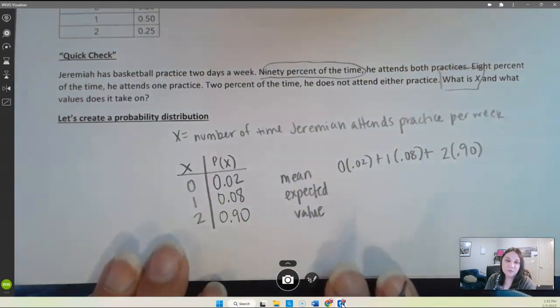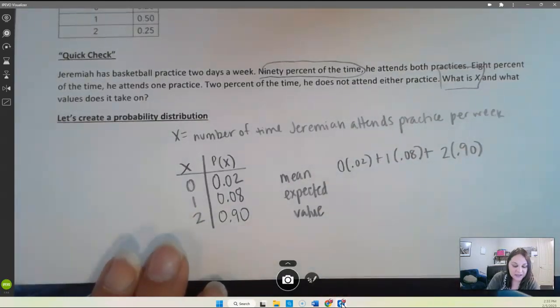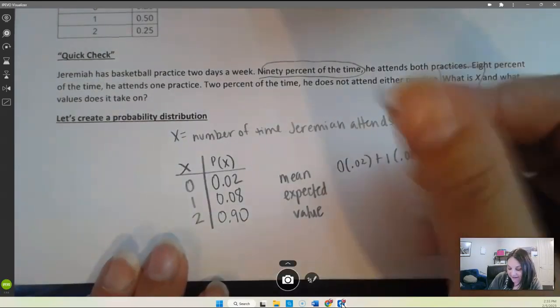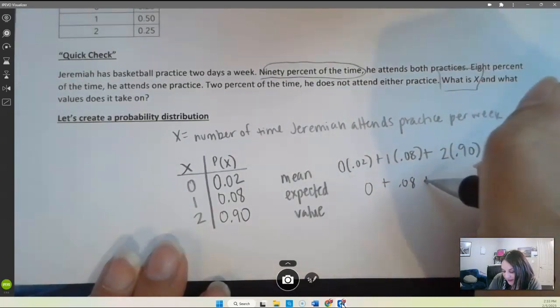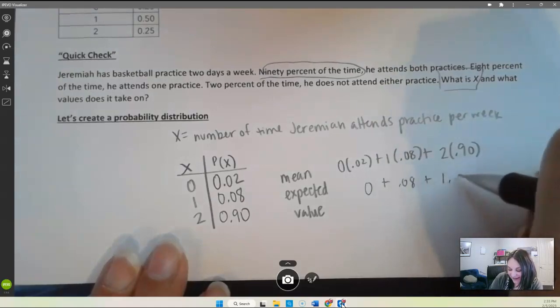And so what you're coming up with is a likelihood of how many times per week he would probably show up to practice. I did it, so might as well work it out. So this would be 0.08, and then this would be, like a math teacher, 1.80.